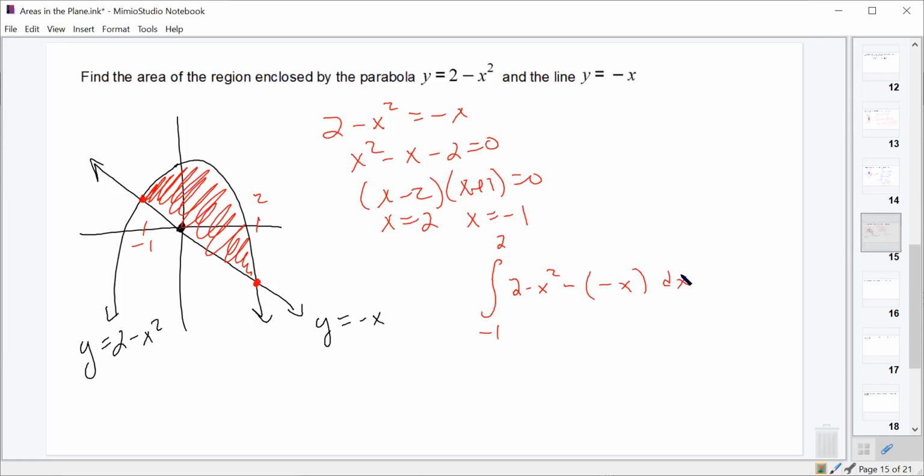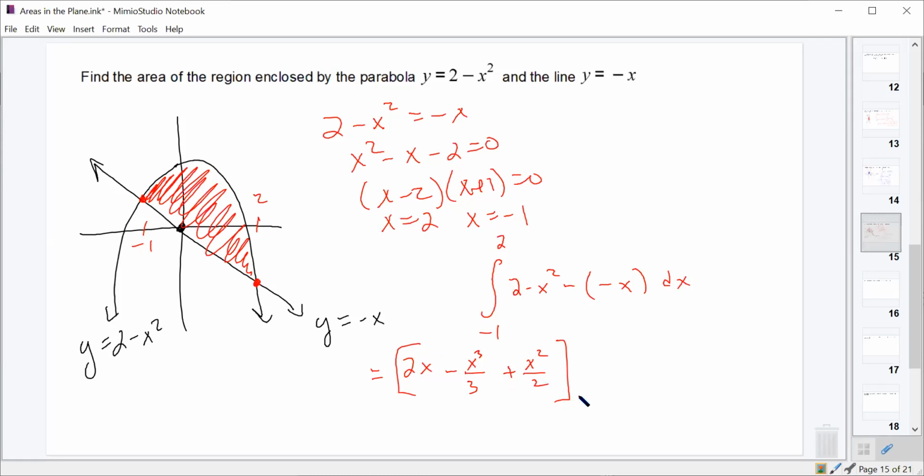And does it matter that for part of it, they're both above the x-axis, and for part of it, one's above and the other is below? Nope. Good, I'm glad people listened about that. So now we just integrate. What's the integral of 2? 2x, right? Integral of -x squared is -x cubed over 3. And minus negative becomes plus x, so we'll call that plus x squared over 2.